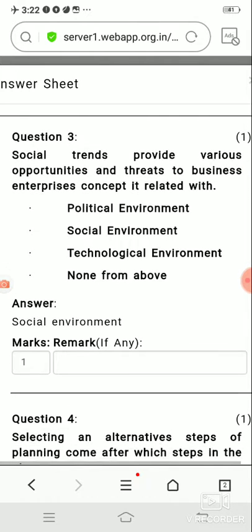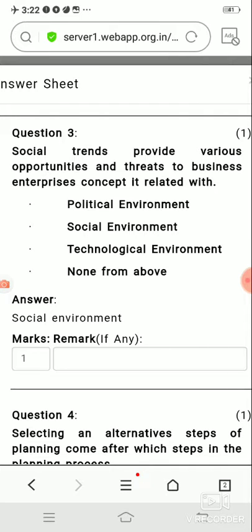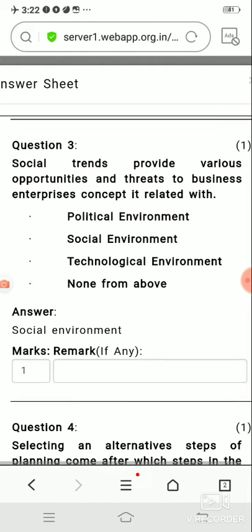Next is: social trends provide various opportunities and threats to business enterprises. The concept is related with political environment, social environment, technological environment, or none of the above. Now in chapter number 3 we have read about the business environment chapter, where we discussed business dimensions. There are 5 business dimensions which affect the business, and these are social, political, economic, legal, and technological, right?